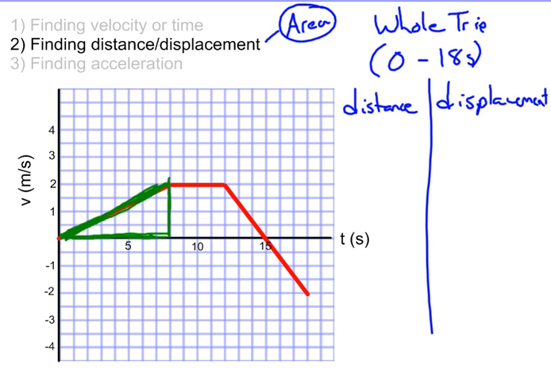The second part of the trip is indicated by this blue shape. Here's our graph. Here's our x-axis for the same time period. And then we just complete our shape by drawing these vertical lines down. The next shape is indicated by this part of the graph here. I'm going to end at the 0 mark. You'll see why that is later on.